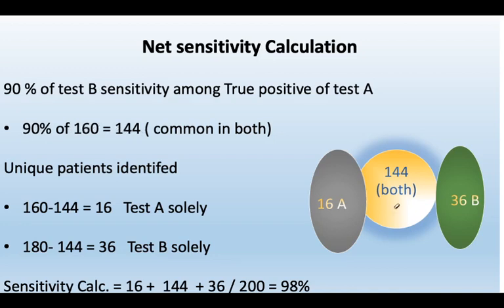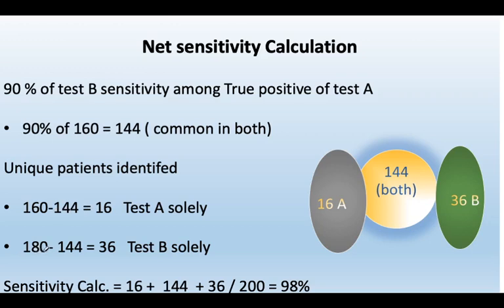So test A and test B common areas, they are able to identify 144 individuals by both test A and test B. So the patients which are uniquely identified by test A are 160, that's the true positives, minus 144 that were identified as a consensus between A and B, 16.